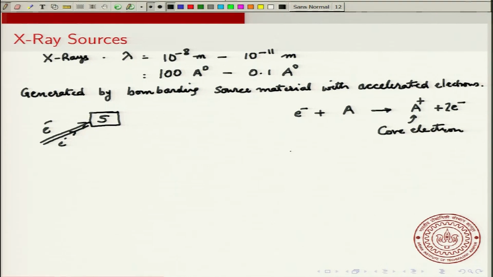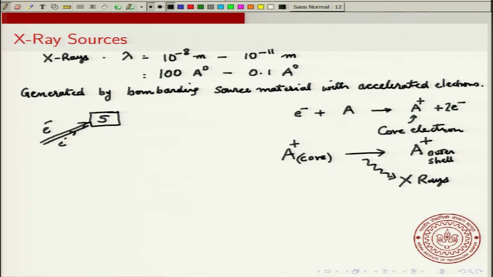So A plus with core vacancy goes to A plus with outer shell vacancy, where the electron from the outer shell goes to the core shell, and during this process this will generate X-rays.